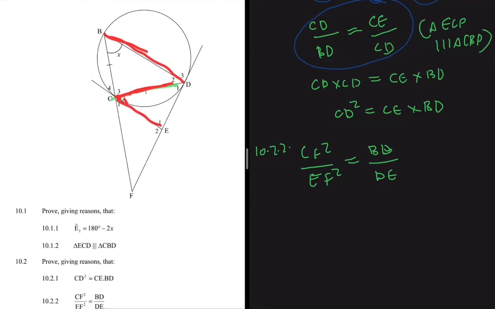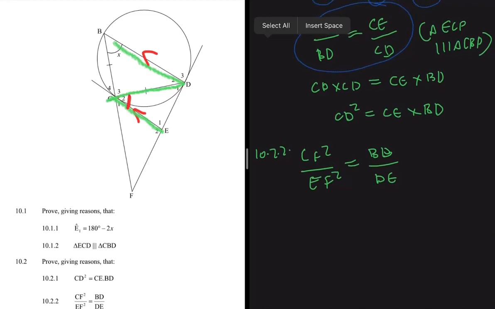But take a look at this. If line CE is parallel to line BD, then it will be quite easy to say that CF divided by EF will be equal to something, right? But are they parallel? Let's look at that. We know fully well that if they're parallel, then this angle C2 should be equal to this angle D2.